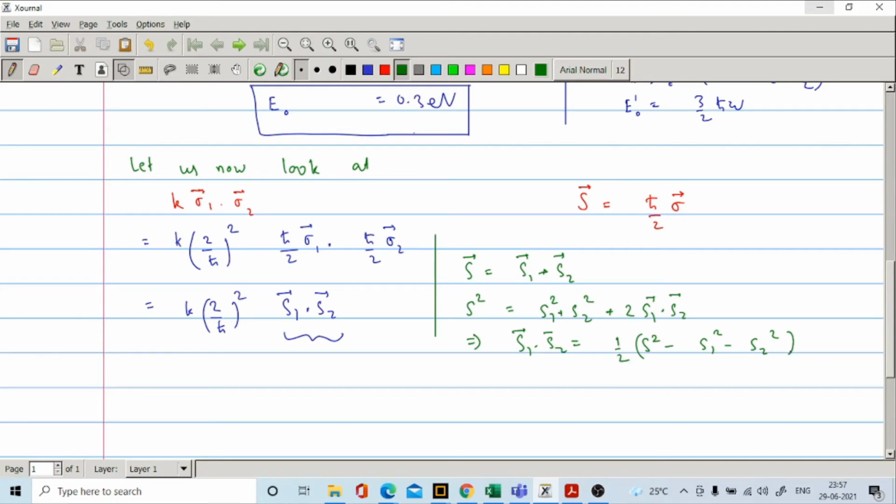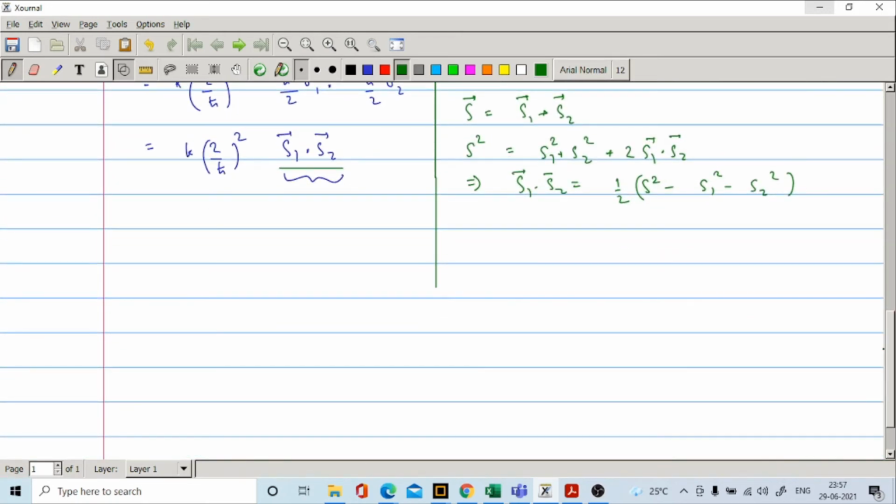Now we want to substitute the eigenvalue of S1 dot S2 in this place, so we want to substitute the eigenvalues of S1 and S2. How do we find that? We'll use the property that the eigenvalue of S squared is h bar squared S into S plus 1.